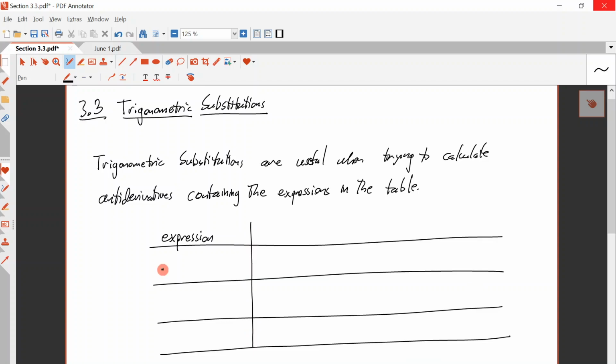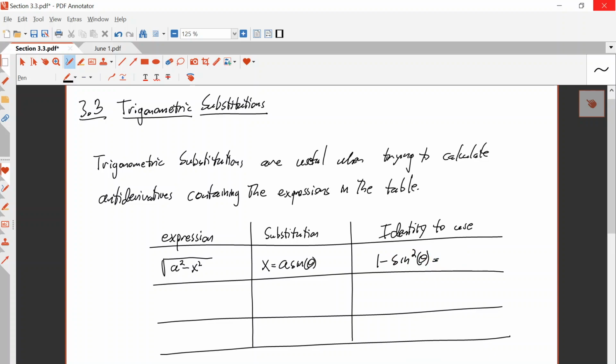So if you have the expression a squared minus x squared, you might benefit from using the substitution x equals a sine theta. And when you use that substitution, you're going to want to use the identity 1 minus sine squared theta equals cosine squared theta.